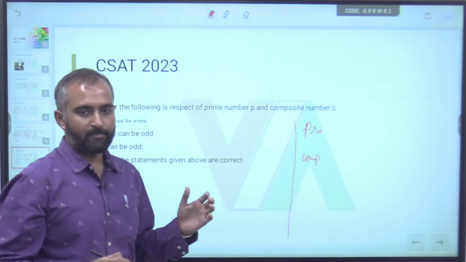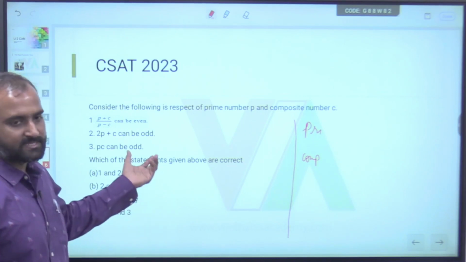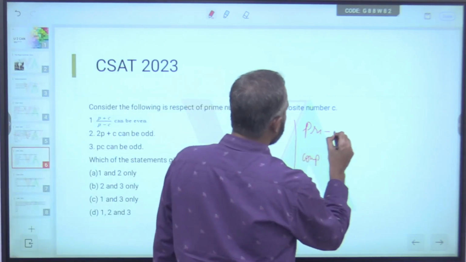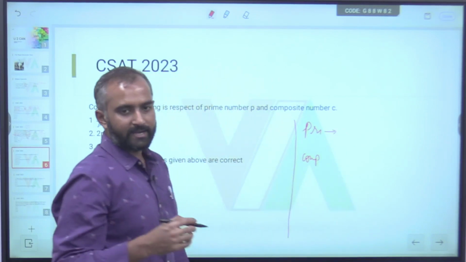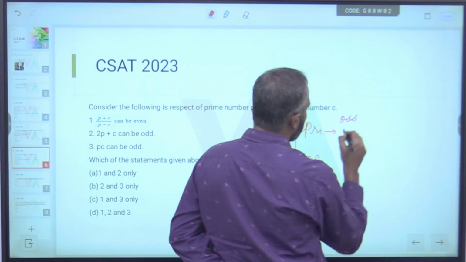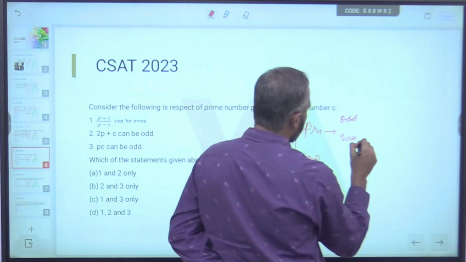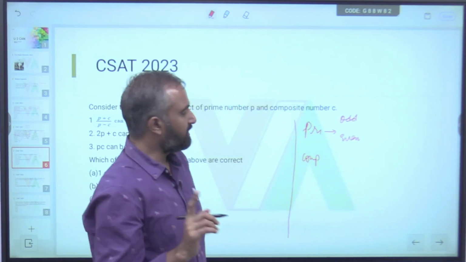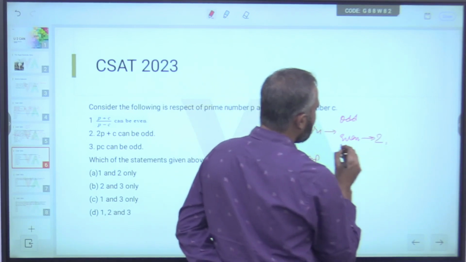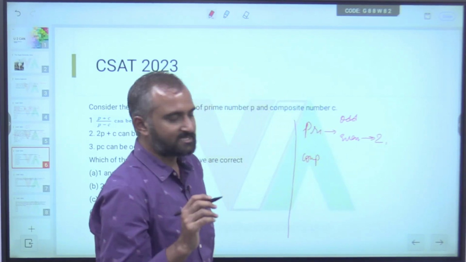If your principles or basics are correct, these are all just under-a-minute problems. There are many types of prime numbers. A prime number can be odd, or even, the least number.